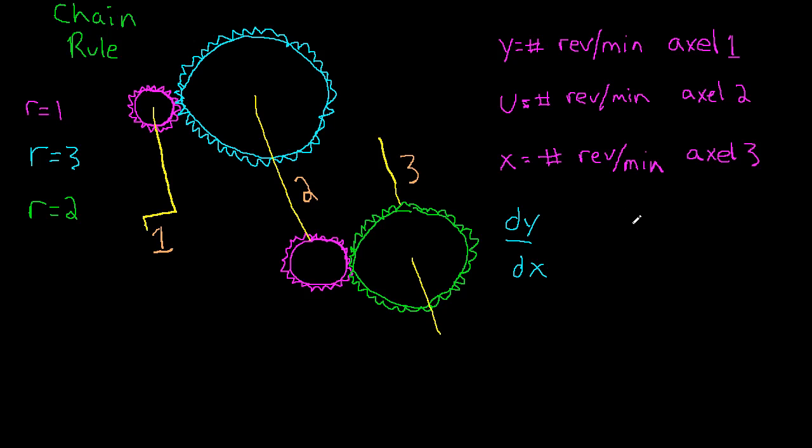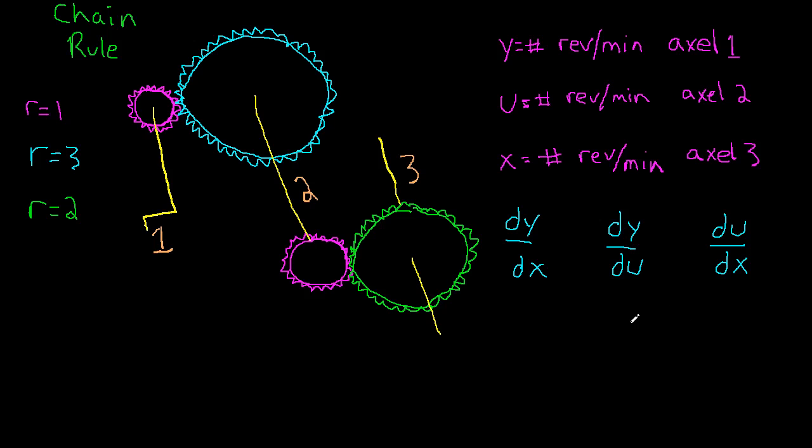I'm also interested in the change in y with respect to the change in u, and the change in u with respect to the change in x. Let's think about what these mean first.